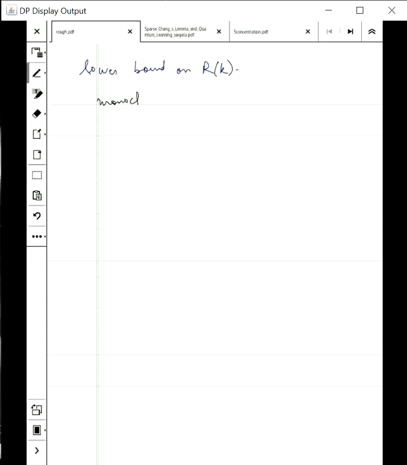Monochromatic means either an independent set or a clique. This is my new notation to make it simple. So I want to say that if n is equal to something that is going to be the lower bound, then there exists a graph which has no monochromatic subgraph of size k.